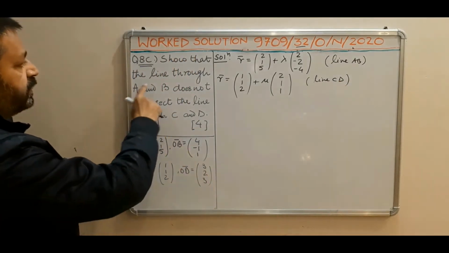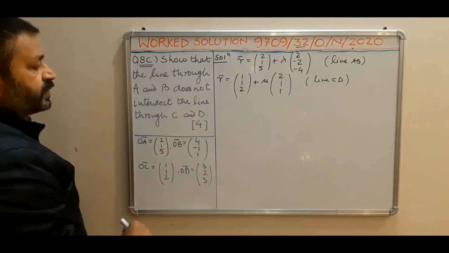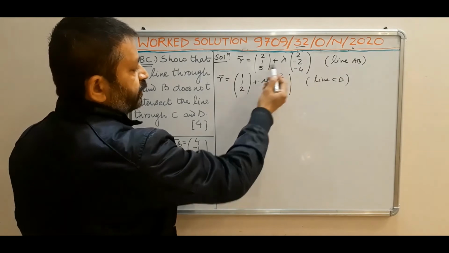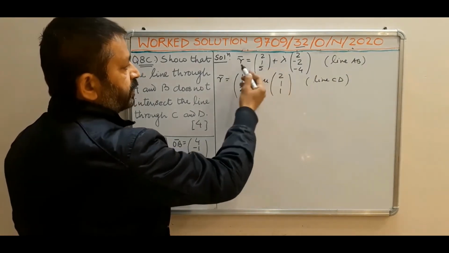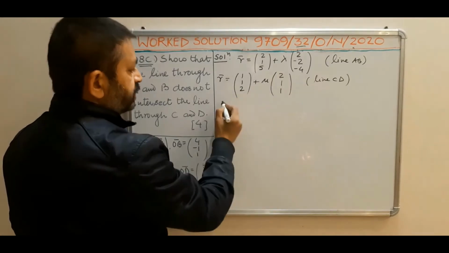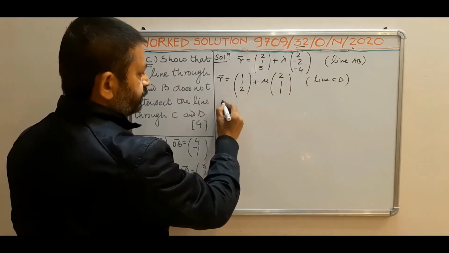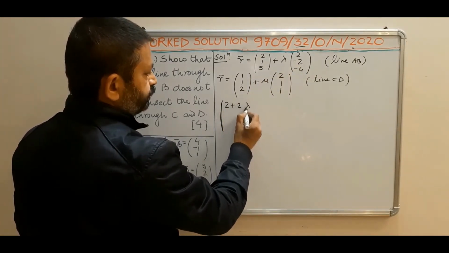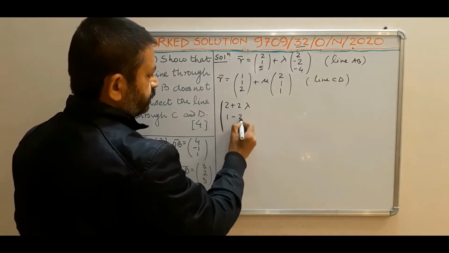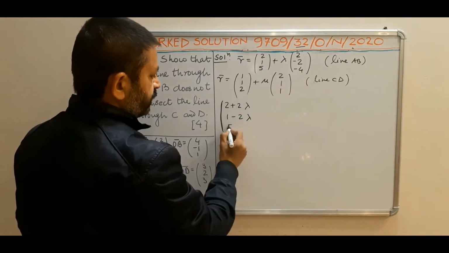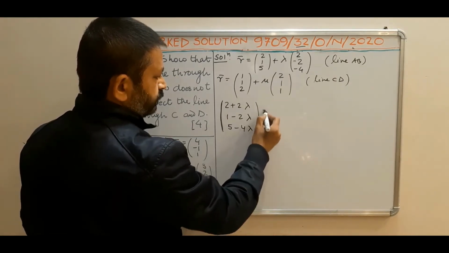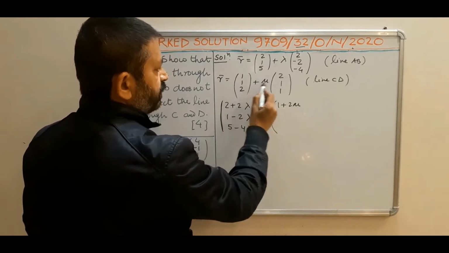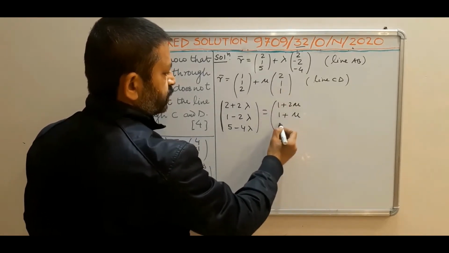What we have to show is that the line through A and B does not intersect the line through C and D. For that we need to solve these two equations. First we will equate this equation and this equation. So from the first equation we have (2 plus 2 lambda, 1 minus 2 lambda, 5 minus 4 lambda), put equal to (1 plus 2 mu, 1 plus mu, 2 plus mu).